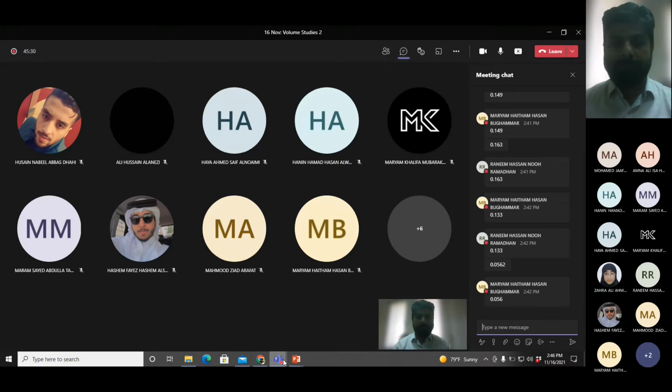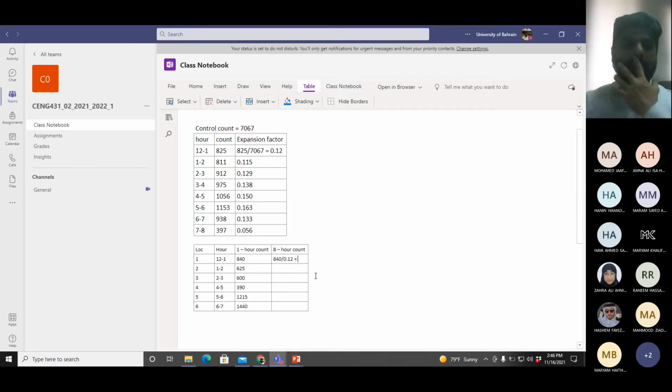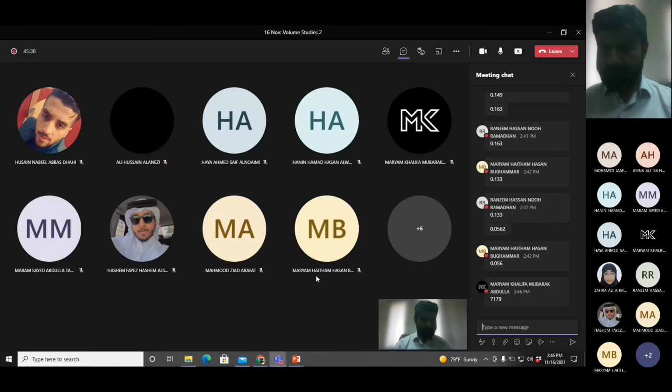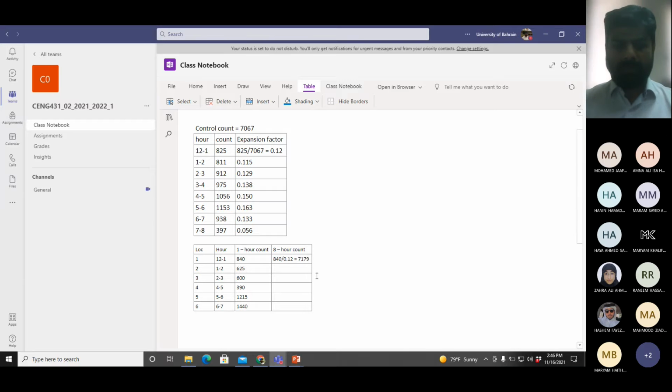So give me the value, please. The 8-hour count for location 1. 707. Okay. Then location 2, the count is this one, and the factor should be taken for this hour.